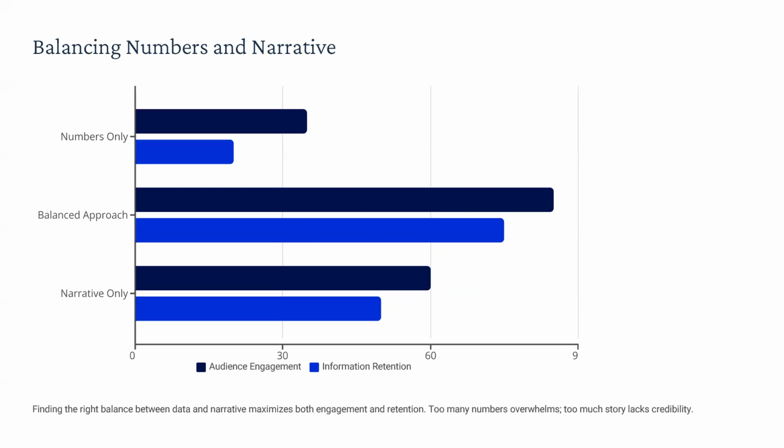This one I try to visualize the impact of data and narration on the student or the audience engagement. If we use numbers only in our storytelling, the audience engagement and the information retention from our story will be minimal.